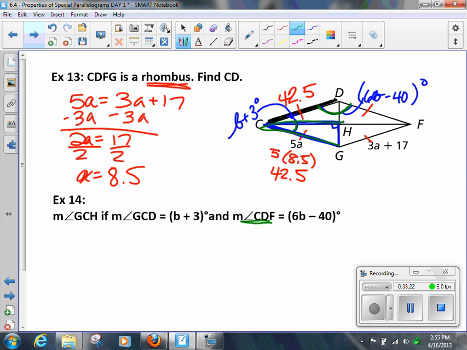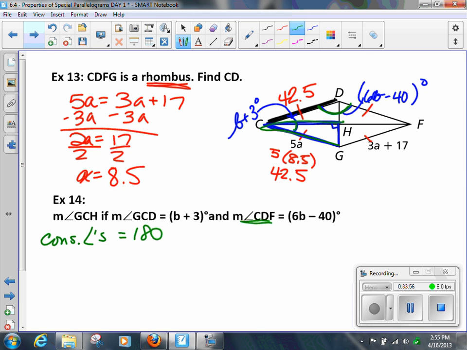What kind of angles are we dealing with here, y'all? That's definitely an obtuse angle. What else? Supplementary. Why? Because they're consecutive angles. Consecutive angles, but this is a rhombus. But it's still a parallelogram because we're looking at consecutive angles, and we know that consecutive angles are equal to 180.